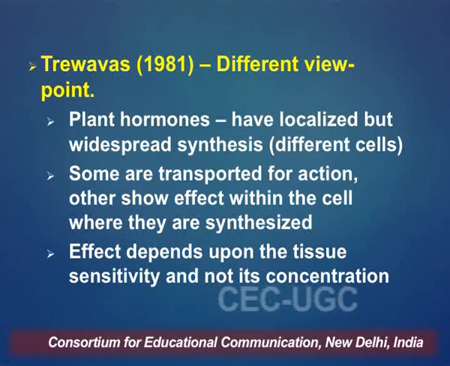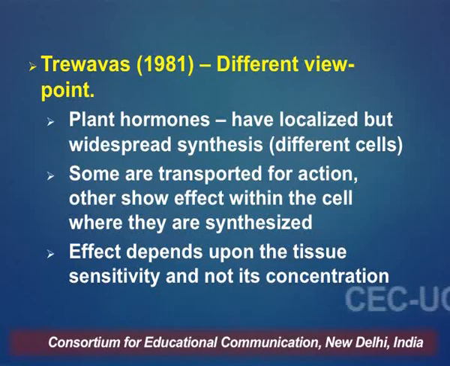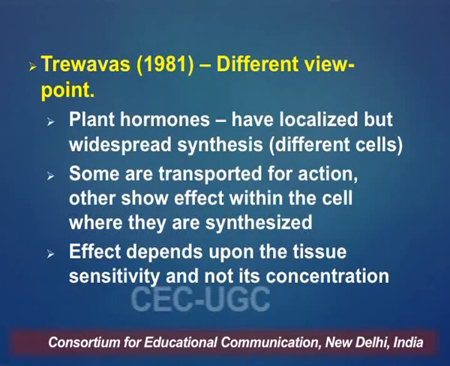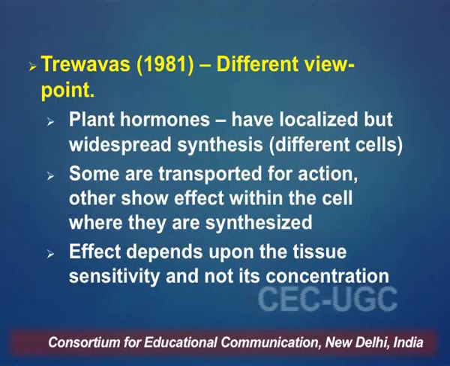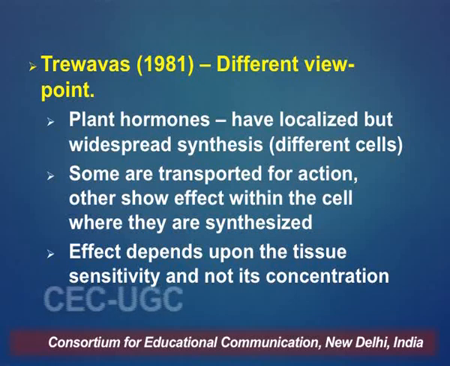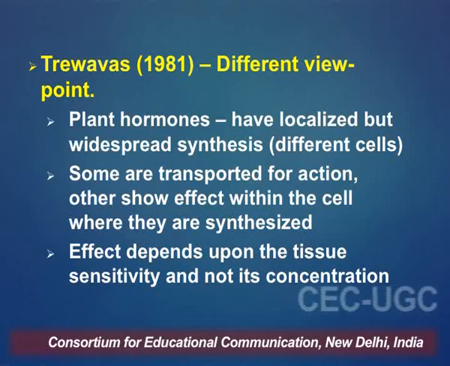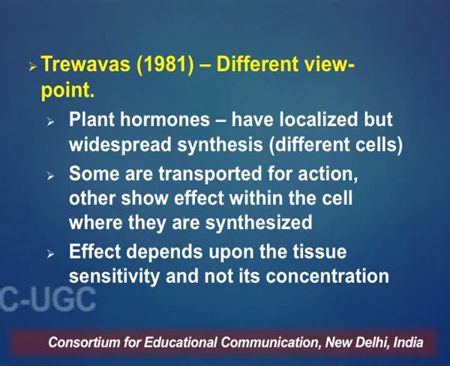But in 1981, Trewavas highlighted certain contradictory properties, because the term plant hormone was given on the basis of the character of these chemicals inside the animal body. So he gave certain contradictory properties of these chemicals.